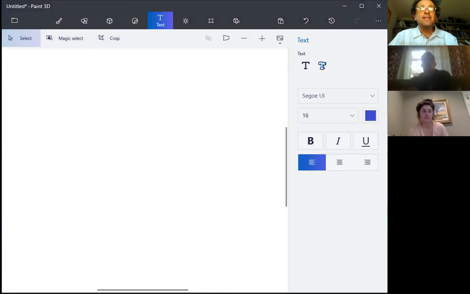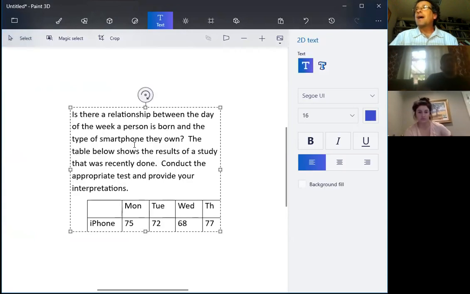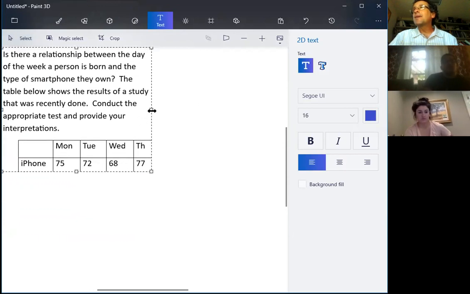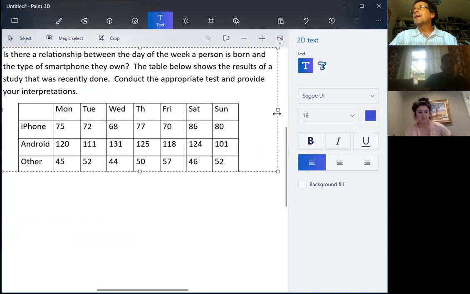I never know if it's actually going to do it nicely or not. Just a second. I'm going to be copying a table, so I don't have to do it. I think it's going to work. We'll see. Yeah, came out nicely.